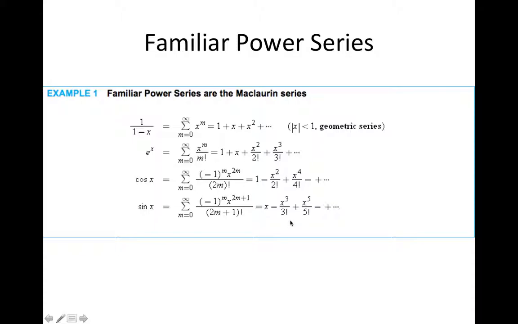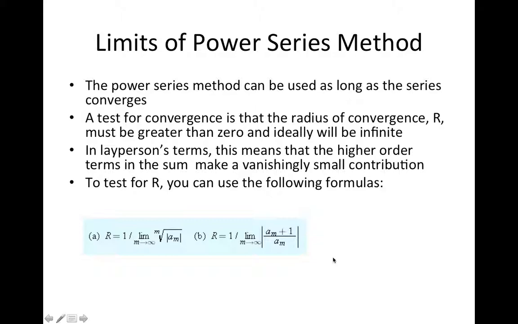The sine, another classic series. Notice in some of these, specifically the cosine and the sine, every other coefficient is equal to 0, with the cosine having even powers of x and the sine having odd powers of x. These are just familiar series that we find in mathematics for various functions.